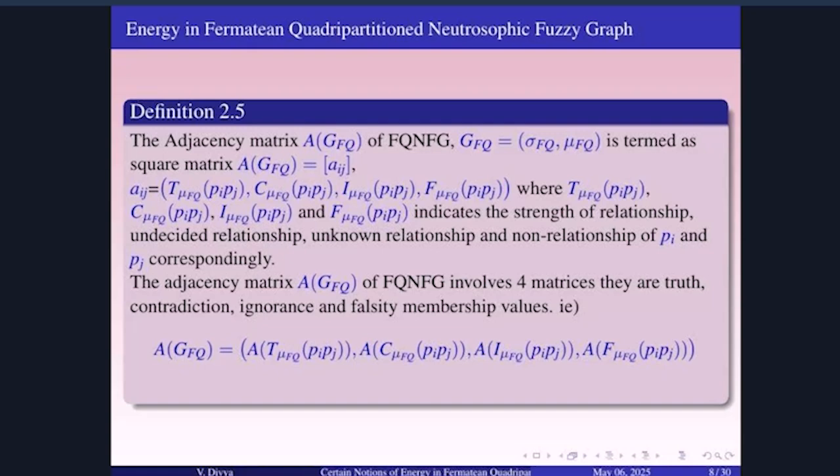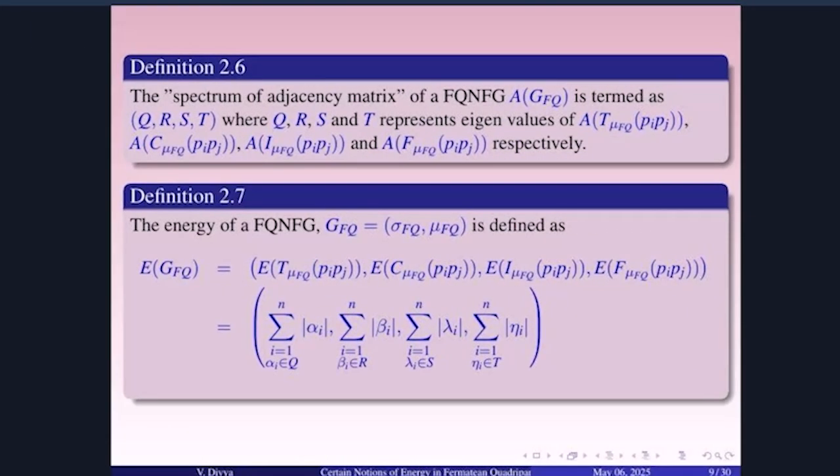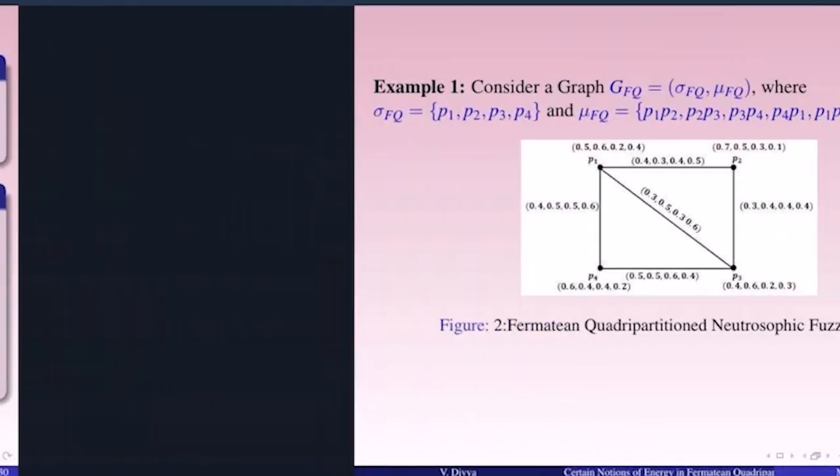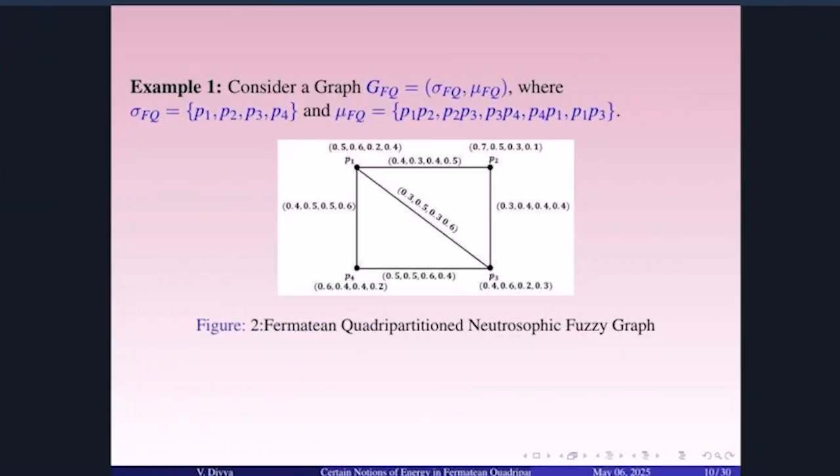Finally, the adjacency matrix is represented as A(G_FQ) = (A of truth membership, A of contradiction, A of ignorance and falsity). Next, we find the spectrum of the adjacency matrix, and the next definition is energy, which is nothing but the sum of the absolute values of all the eigenvalues. These are the basic definitions.